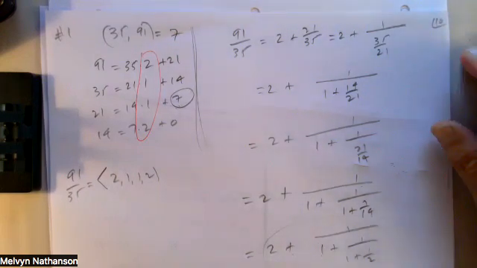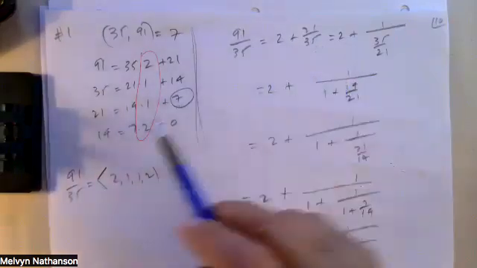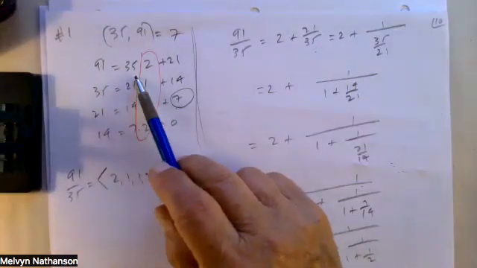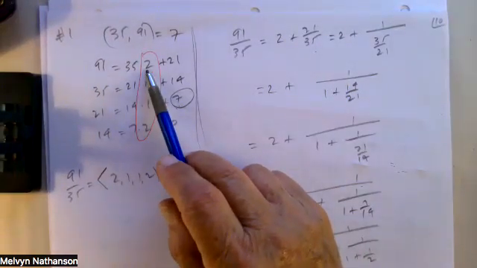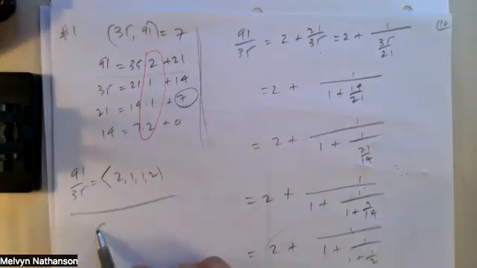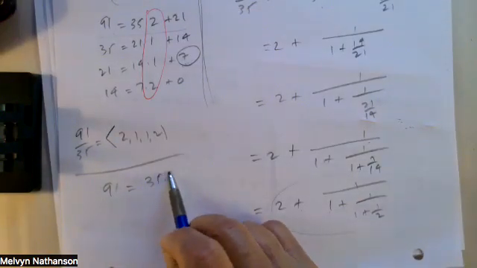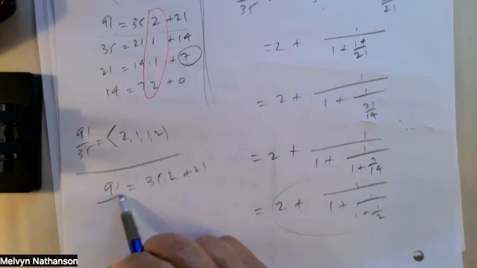Professor? Yeah. For 91 over 35, I didn't get the first step. Why is it 2 plus 21 over 35? So I have this equation, 91 equals 35 times 2 plus 21.